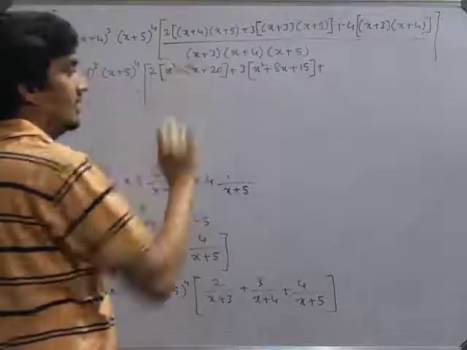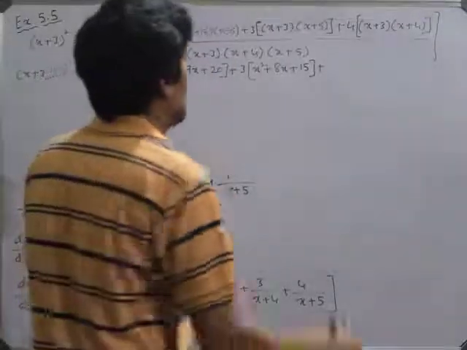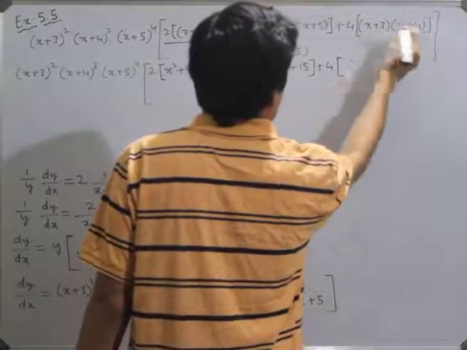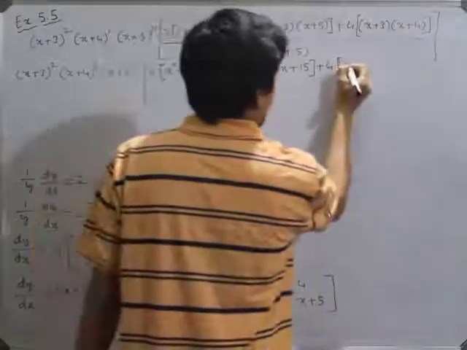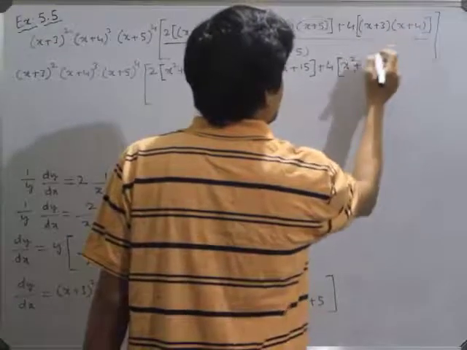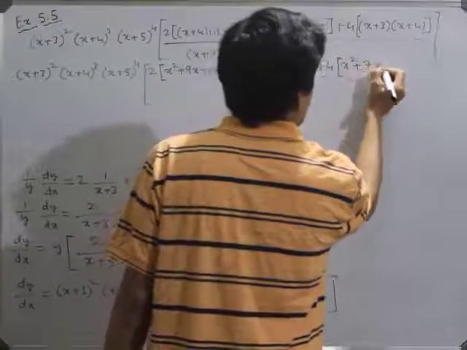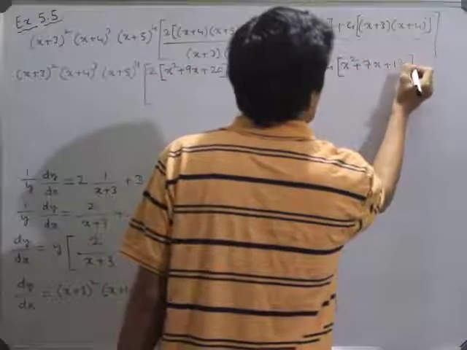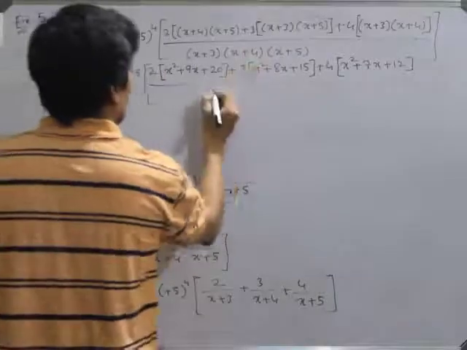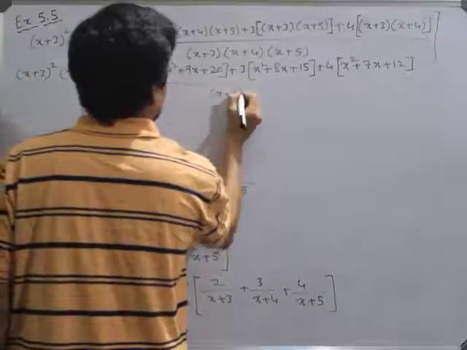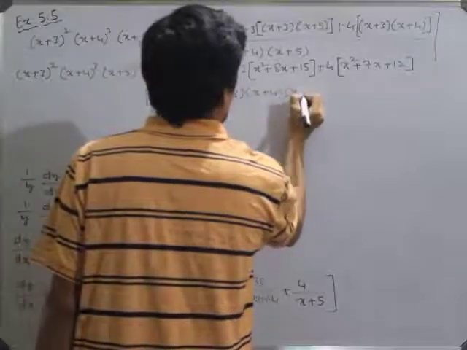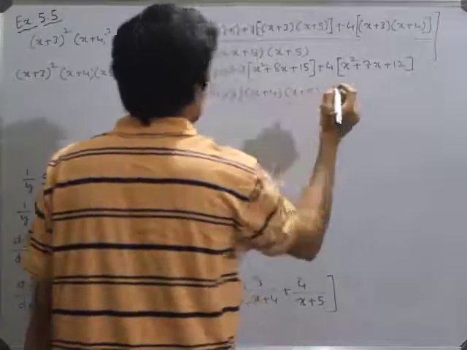Instead of that, memorize all the formulas. 4 into, again (x+a)(x+b), x^2 plus (a+b)x, 3 plus 4 is 7x plus 12. Whole term divided by (x+3) into (x+4) into (x+5).